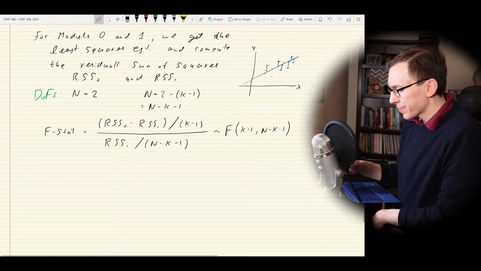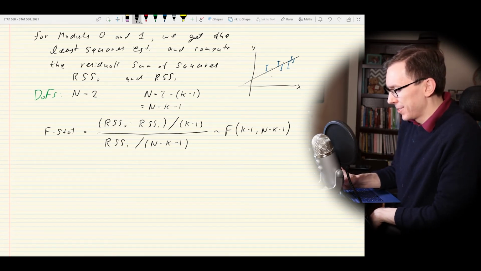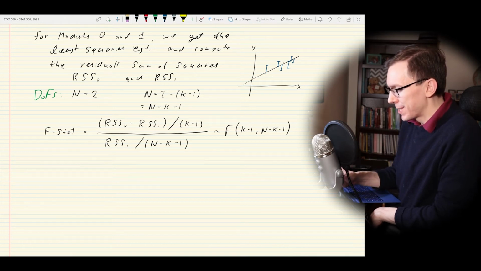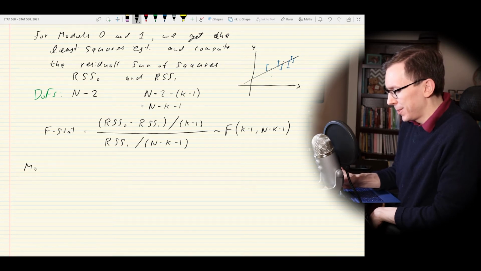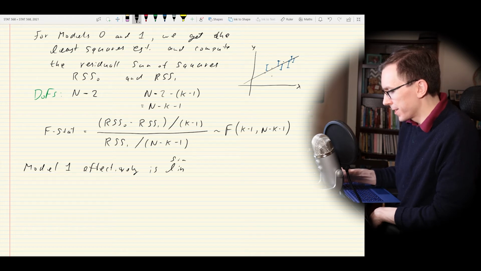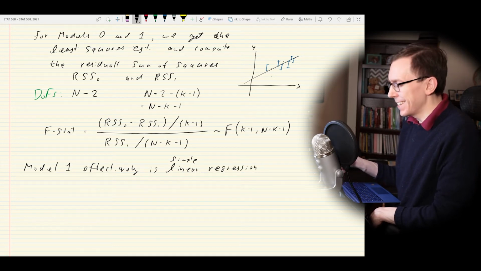Yes, so one other model, just for fun. So model 1 effectively is simple linear regression. Simple in the sense that it's univariate, not that it's easy.